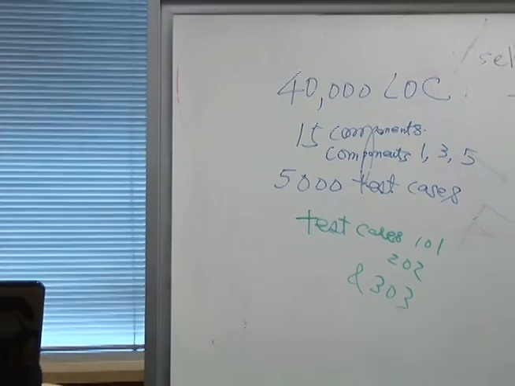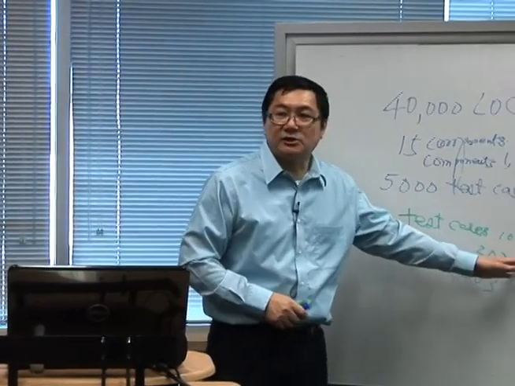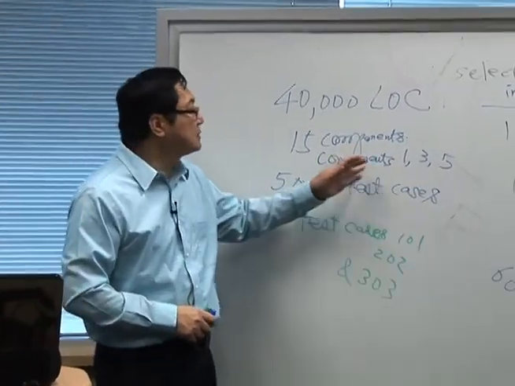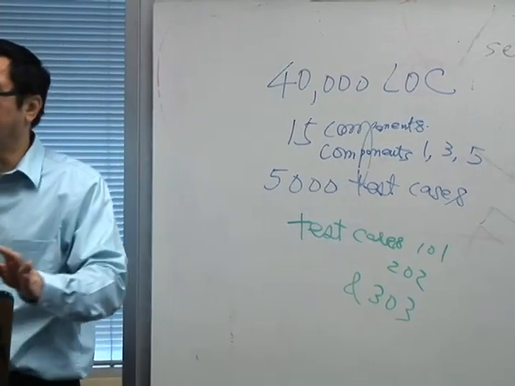Right? Why? Because if this particular execution fails, then I want to know how the program is executed so it can help me do debugging. So I'm only interested in one particular execution with respect to some selected components. Can you give me the coverage?